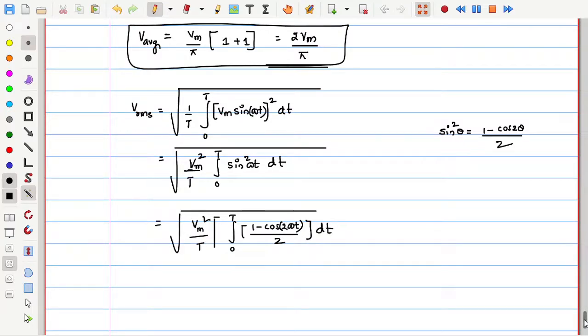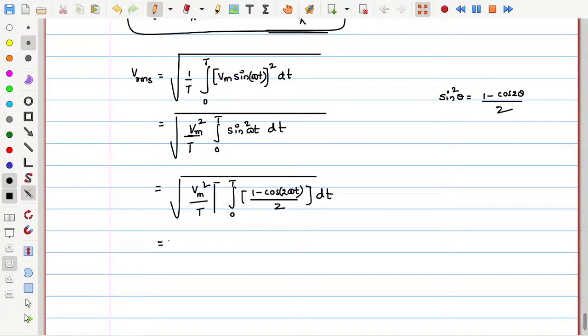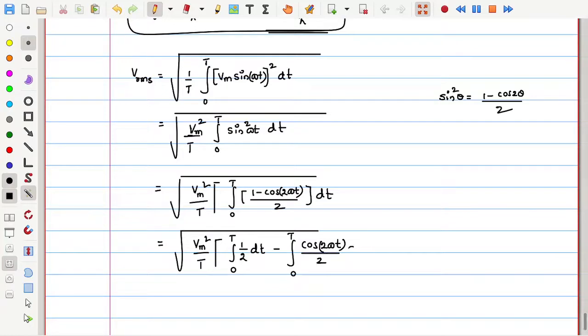If you go through this mathematics, you will realize that this is Vm square by T times integral over 0 to T of 1 by 2 dt, minus integral over 0 to T of cos 2 omega t by 2 dt. Is this clear? Any confusion here?